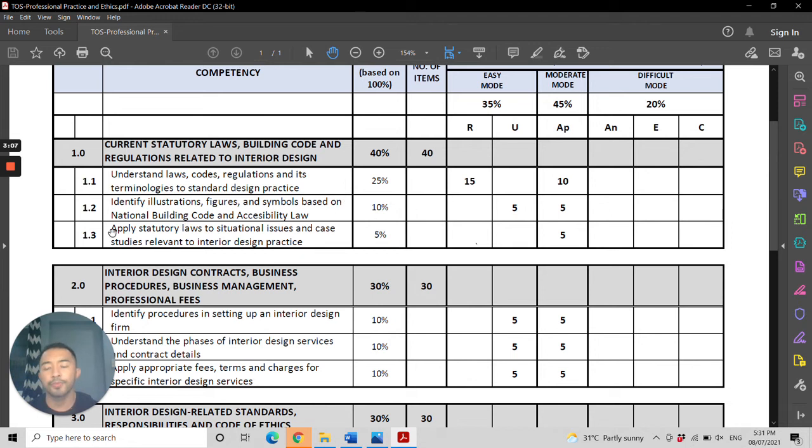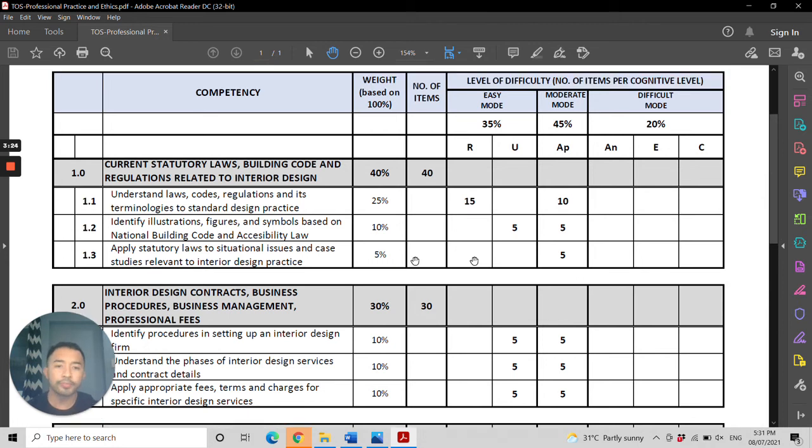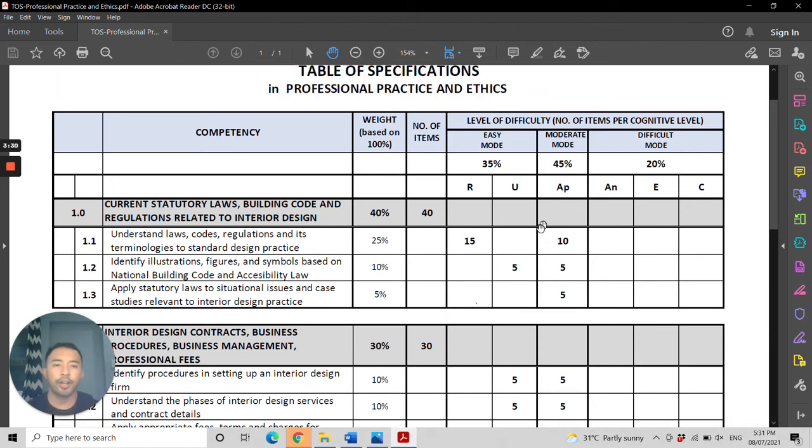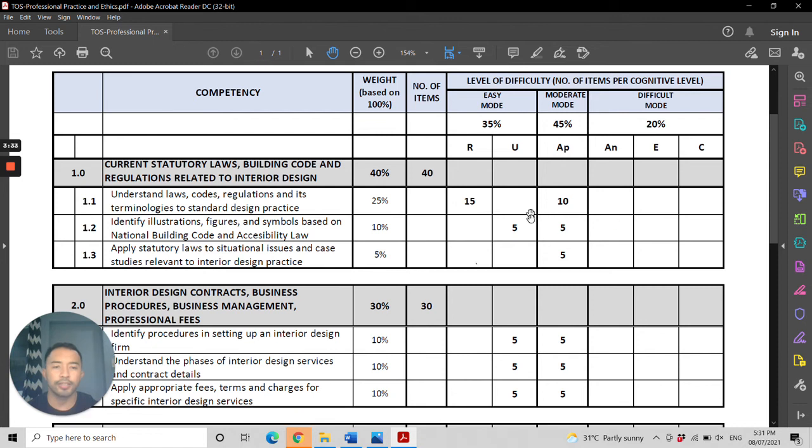When you say accessibility law, that's BP 344, and of course the National Building Code is PD 1096. And apply statutory laws to situational issues and case studies relevant to interior design practice. That'll be 5%. And the distribution for the different cognitive levels is also in this chart.